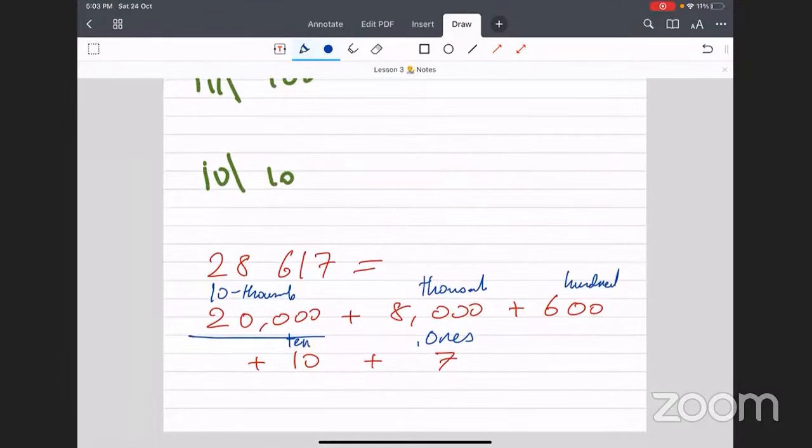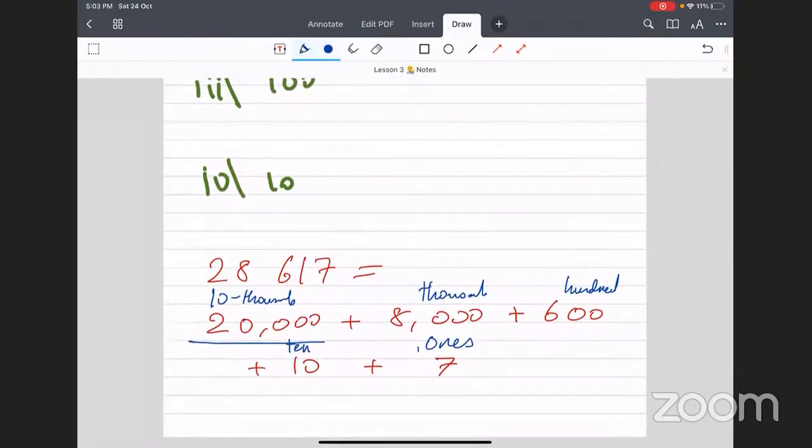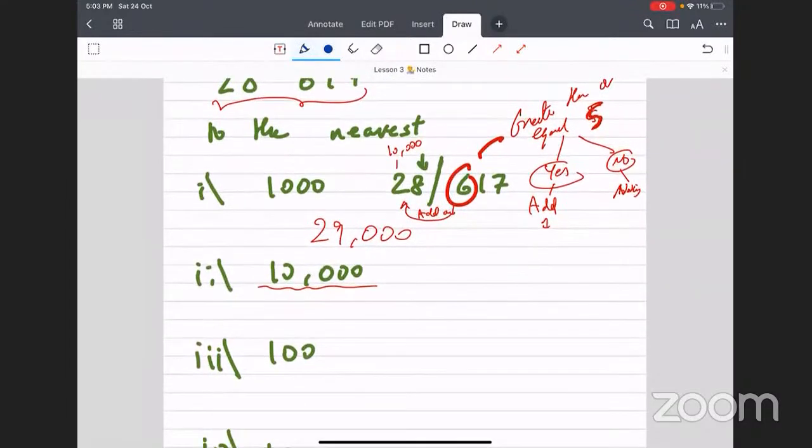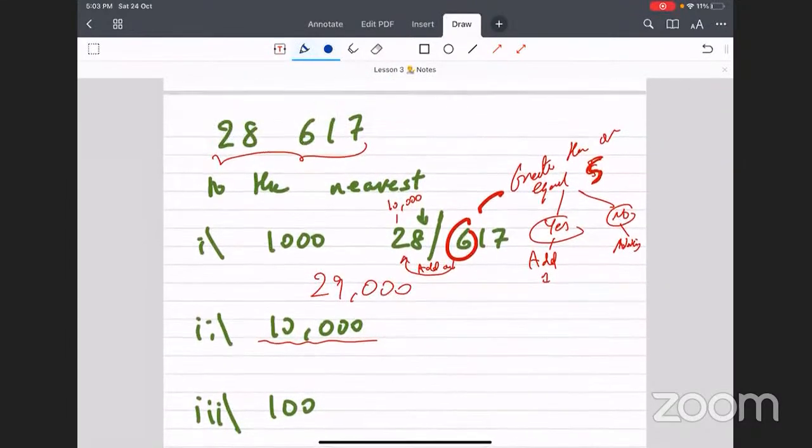So when I'm talking about 10,000, I'm talking about how many zeros? 1, 2, 3, 4. So here, to the nearest 10,000, I'm talking about 4 zeros. So I go here, 28, 4 digits, and check. So here's 8. 8 is greater than 5, right?